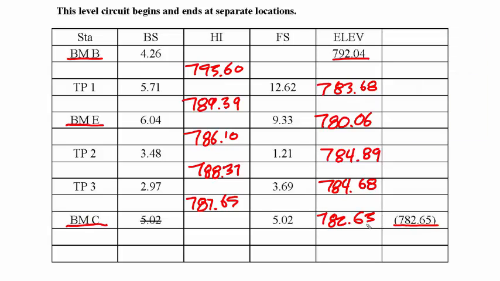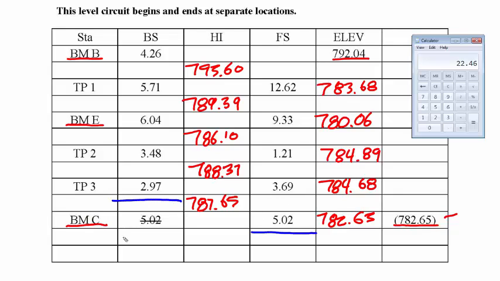Here you can see the final elevation that we computed for benchmark C agrees within 0.02 of the original elevation. Let's do the arithmetic check quickly here just to make sure we have not had any math blunders.